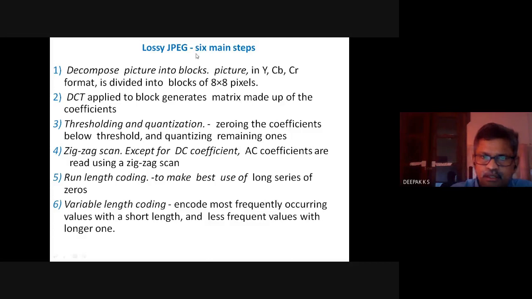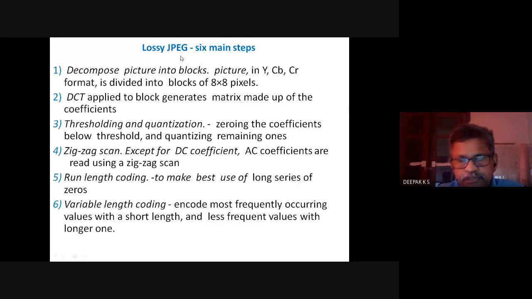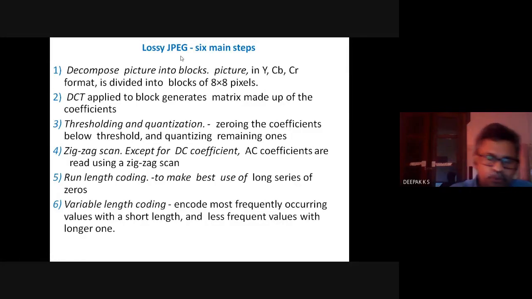So in lossy JPEG, the steps were: you decompose the picture into blocks of 8 by 8 pixels, apply DCT, you get coefficients, you do thresholding and quantization, and then scan it.